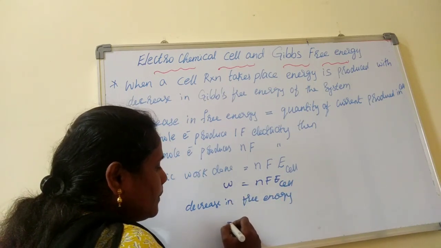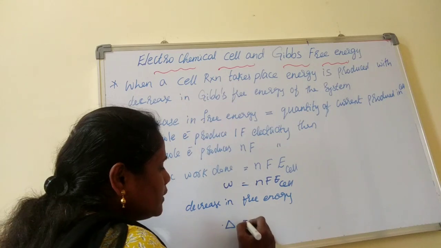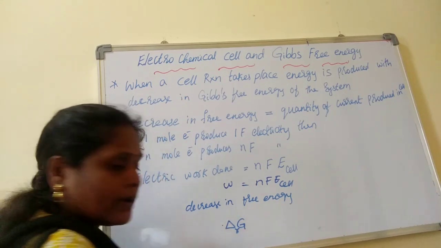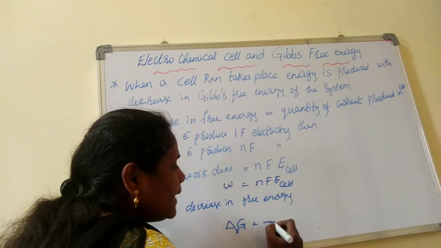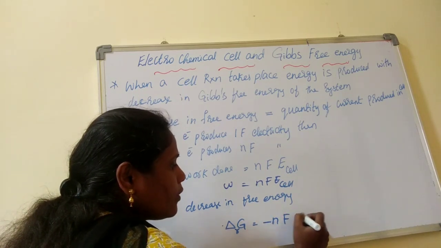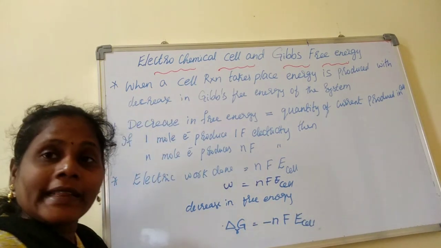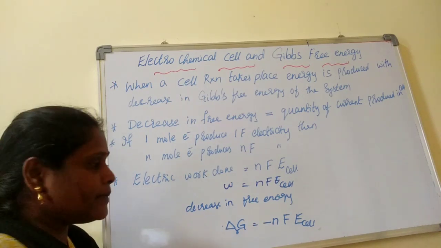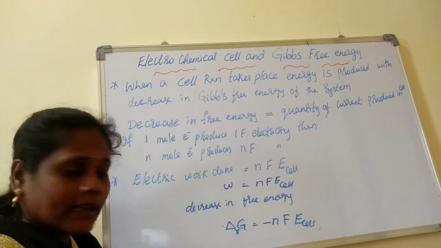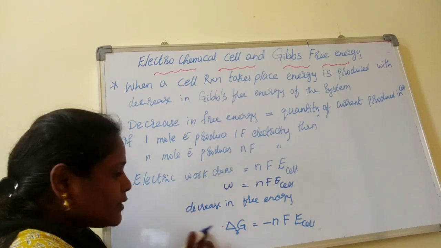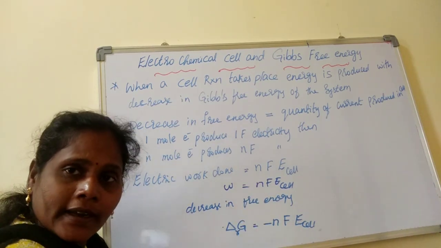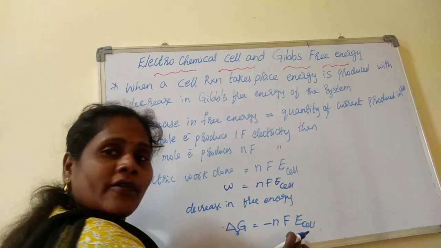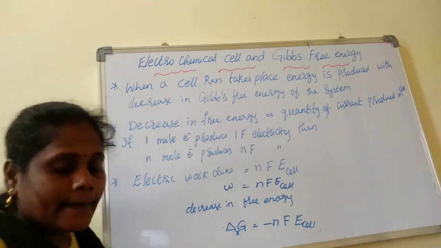Therefore, my delta G of the reaction, because that small r indicates the reaction, is equal to minus nFE of the cell. Decrease in energy we are saying. This minus symbol just indicates the decrease in free energy. Instead of writing minus delta G, we wrote how much work is done, that decrease in energy, because this is in the form of energy, right?